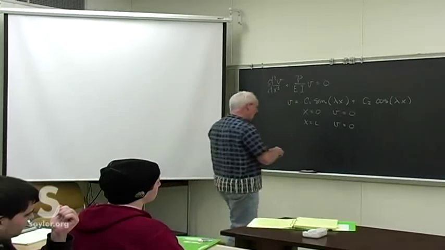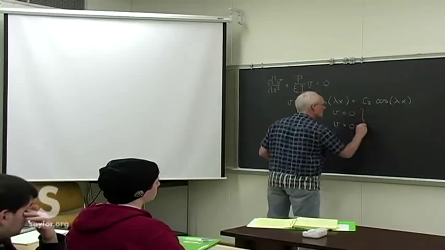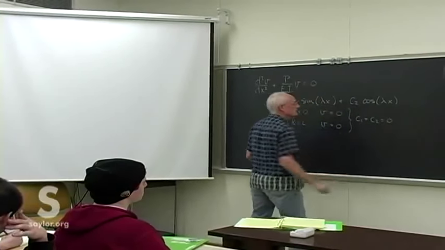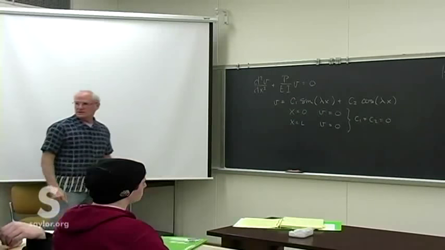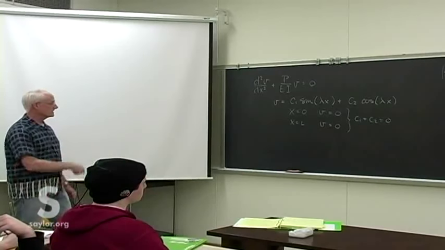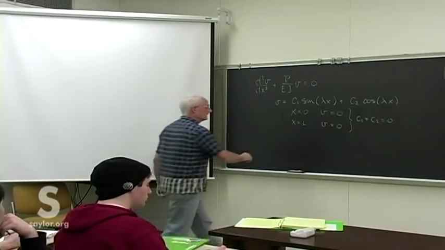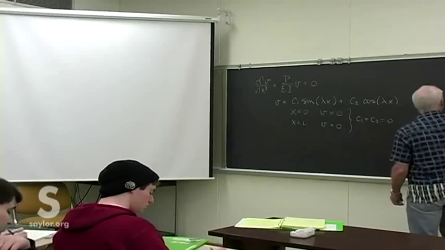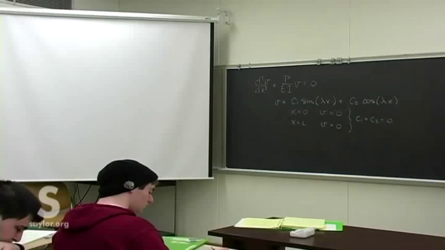Unfortunately, that leads to C1 equals C2 equals 0, which is a trivial solution. It just says that there's no equation left. So that's not a sufficient solution for us.